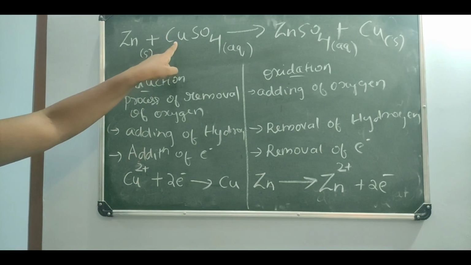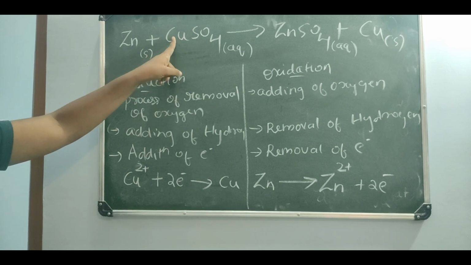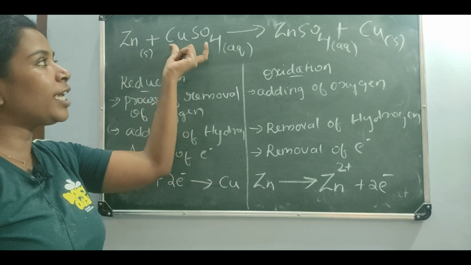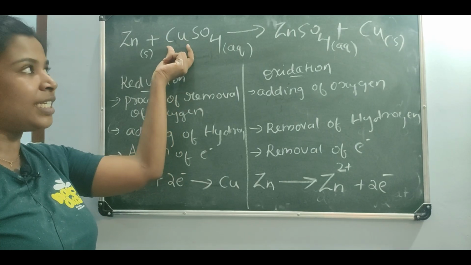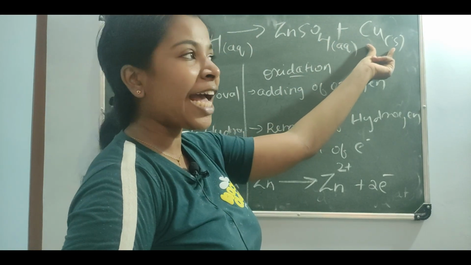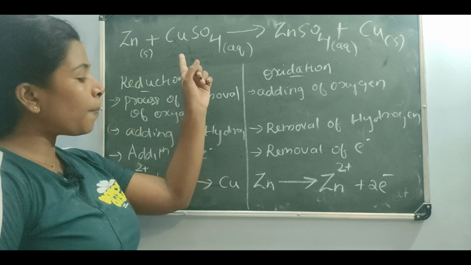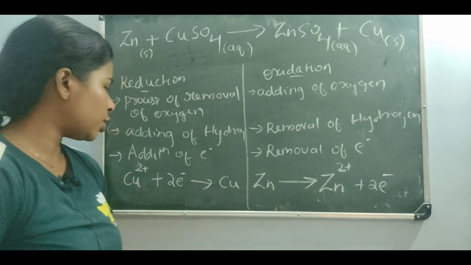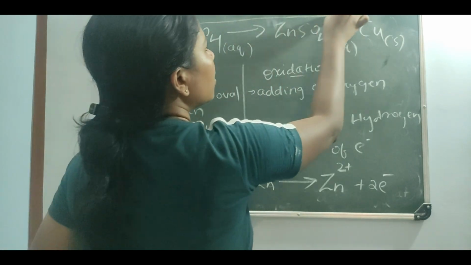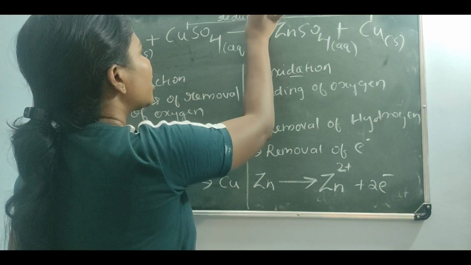See, here what happened? On the reactant side, the copper was existing as copper ion. It is in a combined form with sulfate, no? But on the product side copper is becoming copper atom, which means copper has gained electrons. So addition of electron, reduction happened.